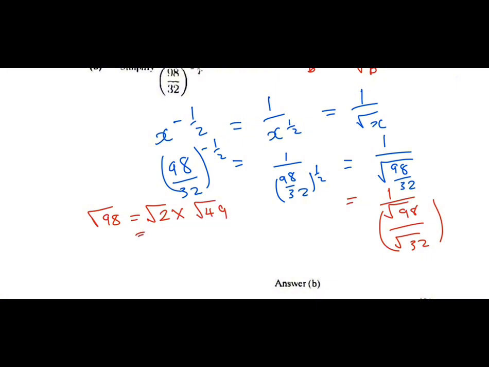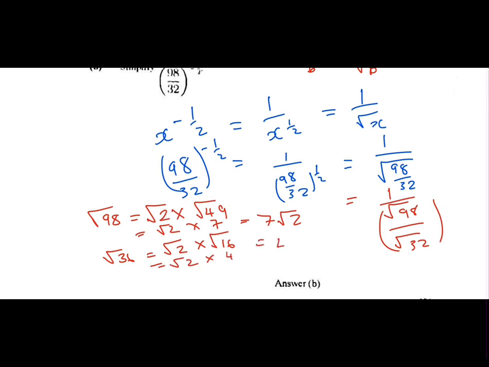This would give us 7 root 2. And then we also find the square root of 32, which equals the square root of 2 times the square root of 16, which gives us root 2 times 4. And this will give us 4 root 2.